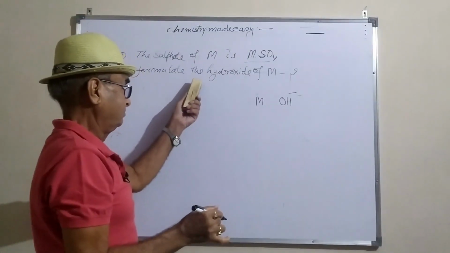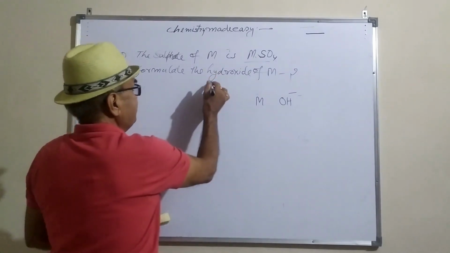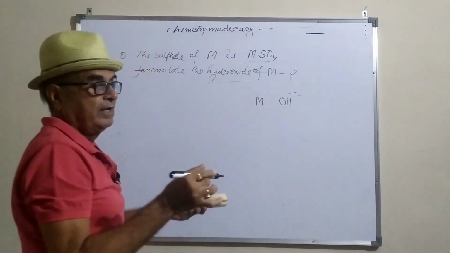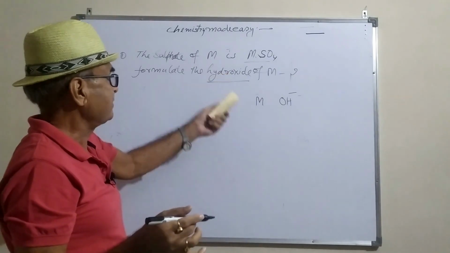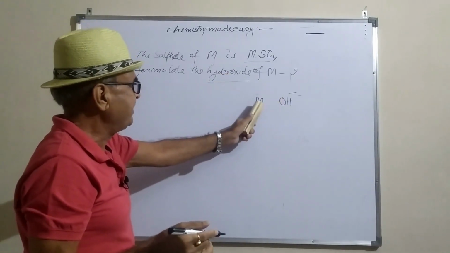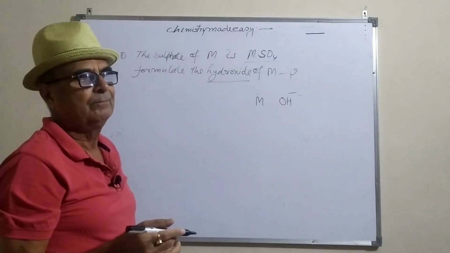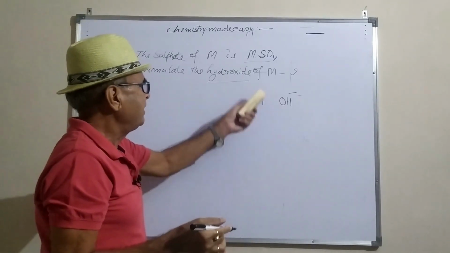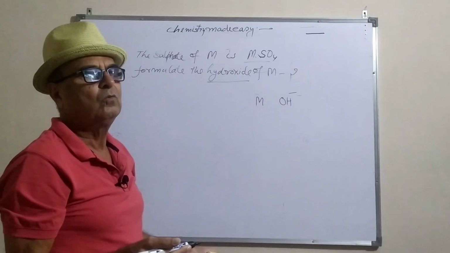You know, because I have given the name, and you should know about the hydroxide, OH negative, but you don't know the name of M. So you don't know the charge of the M.